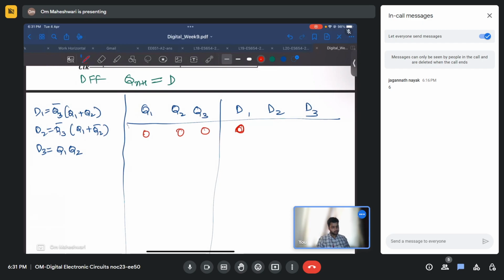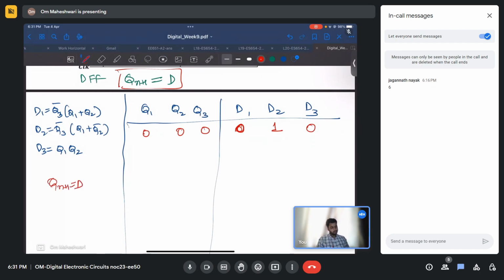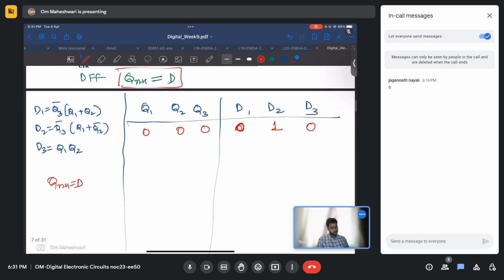Q3 bar is 1, Q1 is 0, Q2 bar is 1, so this will be 1. D3 is Q1 Q2, which is 0. So the next state is the previous D, right? So next state is 010.